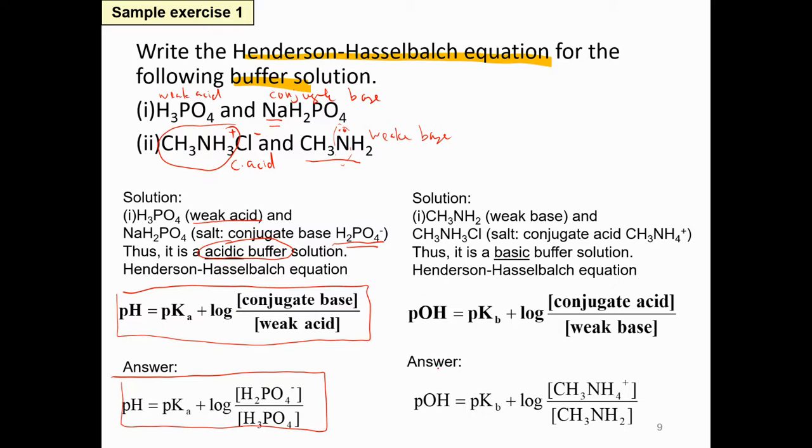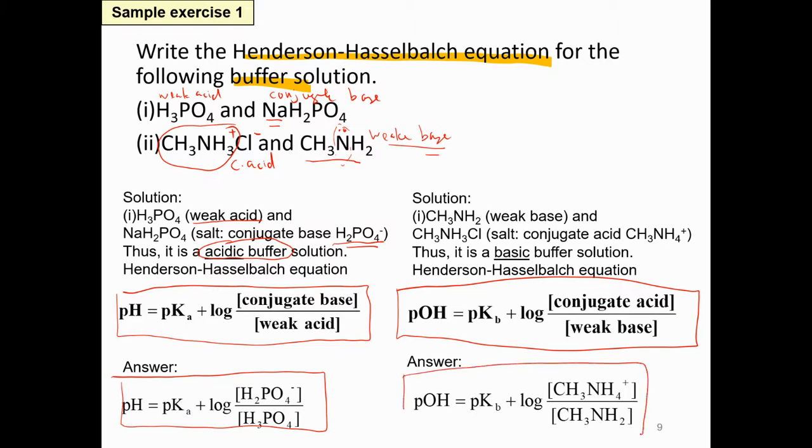Before we find the pH, we need to look for the pOH first, because this is a weak base. So for the weak base, it is the same: log conjugate acid over weak base. Okay, so that's all for acidic and basic buffers and how to write the Henderson-Hasselbalch equation for acidic and basic buffer solutions.